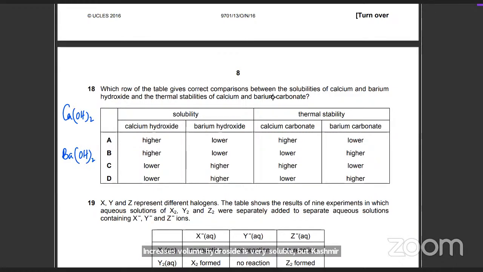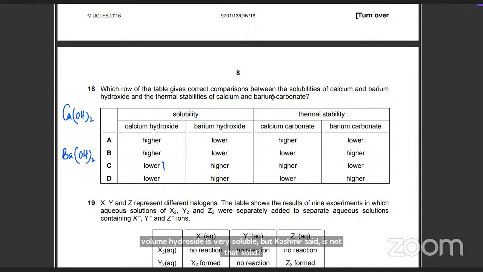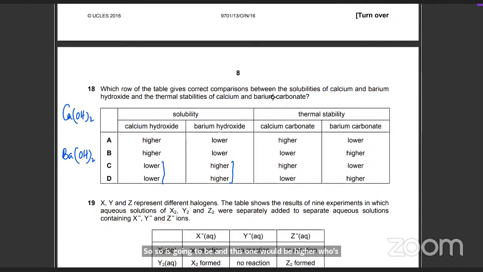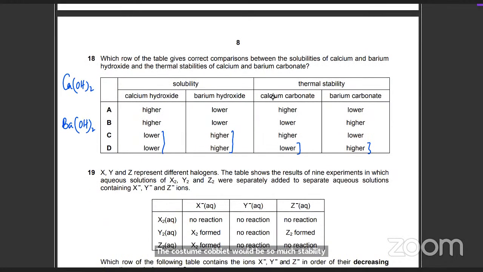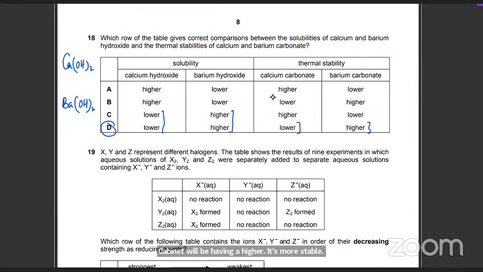So calcium hydroxide is going to be lower and this one would be higher. What happens to the stability down the group? That also increases. So calcium carbonate would be lower. Thermal stability, barium carbonate will be higher, it's more stable. So the answer is D in this case.